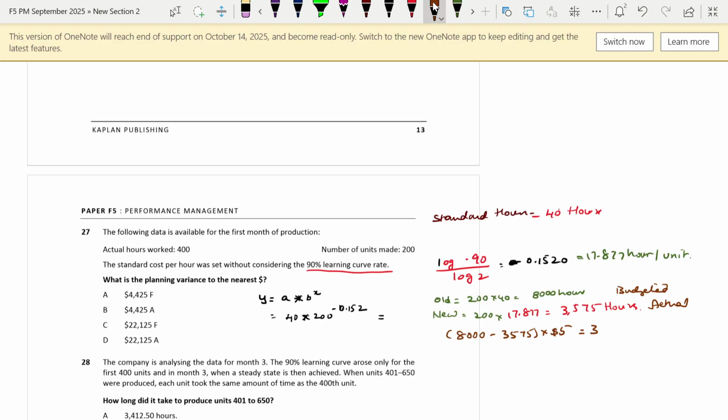Favorable or adverse? Actuals are less. Adverse? How adverse? Planning. Favorable. Favorable.